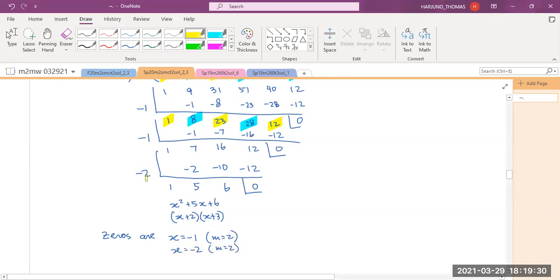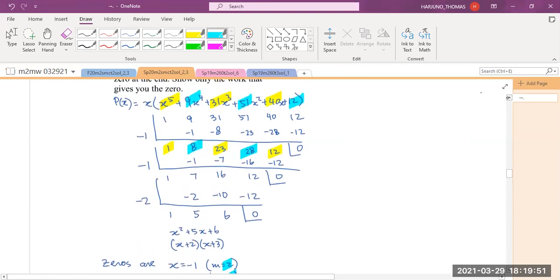Why? One from here, another one from here. And then x equals -3 with multiplicity of 1. How many zeros do we have so far? We have a total of 5 zeros. But as I remember, our degree is 6. Oh, the other 0 is 0.